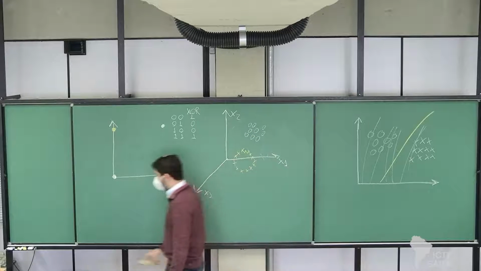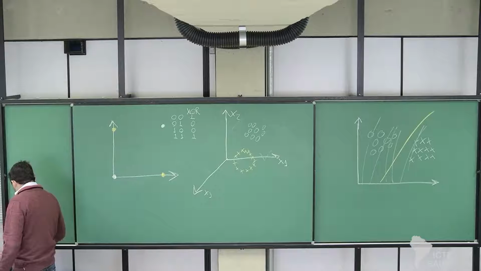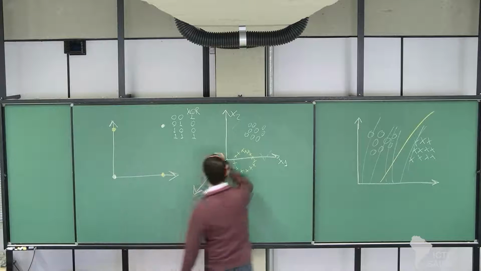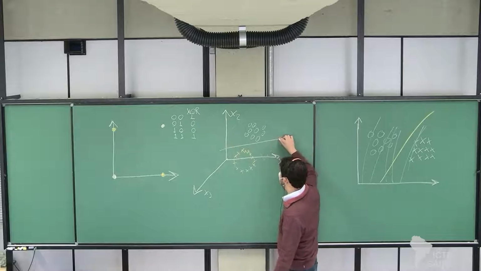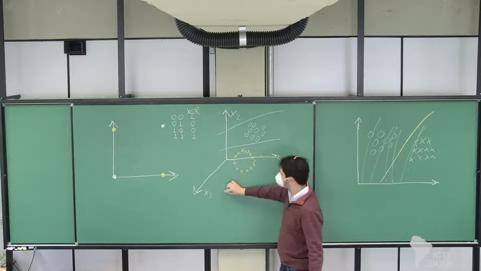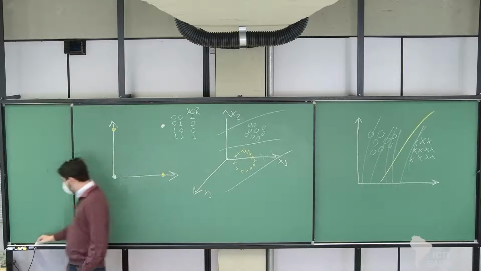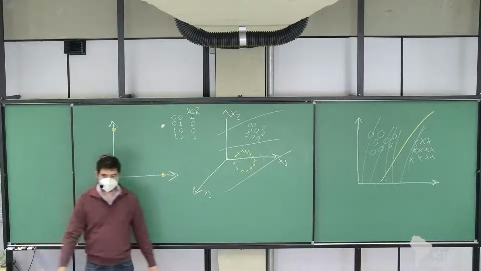What's going to happen is that the first neurons in the first layer are going to draw straight lines. That's what's going to happen. And then these straight lines are going to be combined.